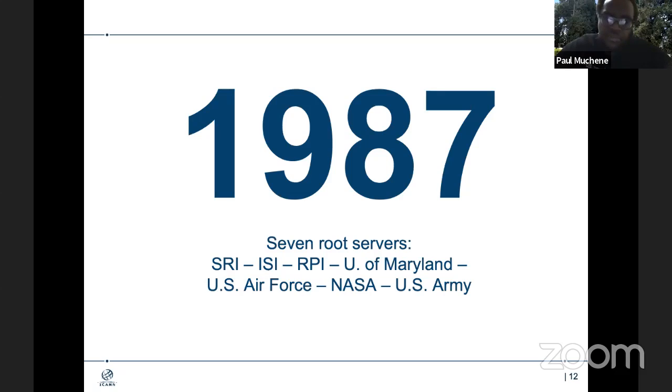One of those was the University of Maryland, where a root server was deployed. The others were the Stanford Research Institute and RPI. And of course, the US Air Force and NASA also had their own instances of the root servers. So by 1987, there were 7 root servers in deployment.